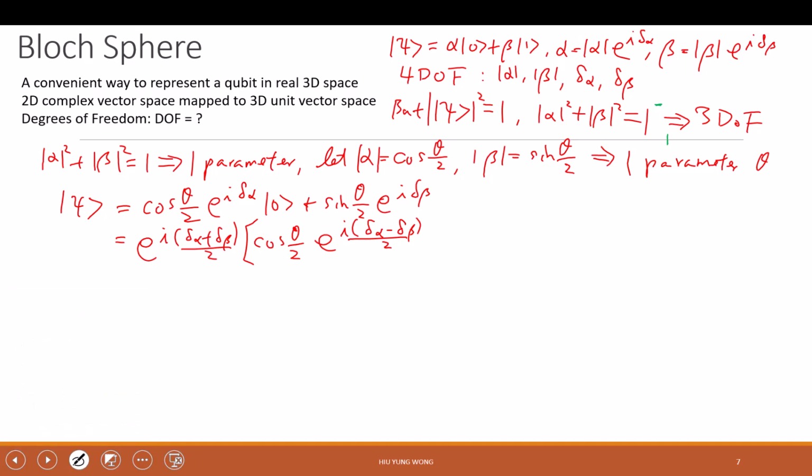And similarly, the second term is sine theta divided by 2, e to the power i, but now I need to keep beta, so that's why I have negative delta alpha plus delta beta divided by 2. And I forgot 0 and 1 here.